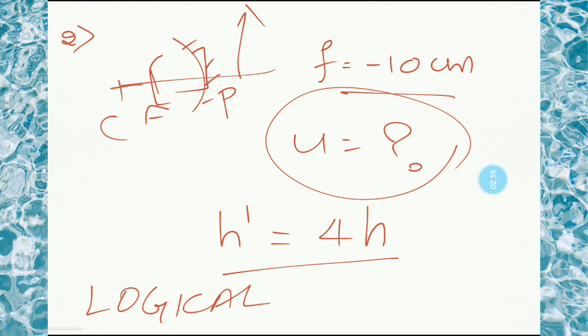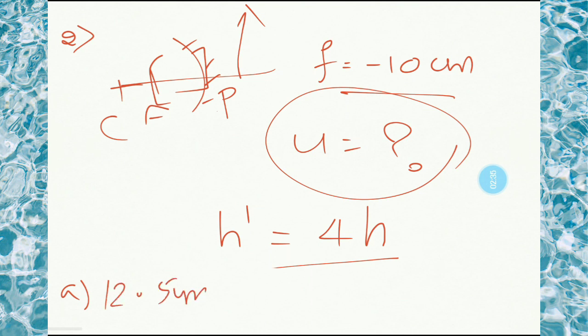So see the options, go through it. Now focal length is given as 10 centimeter. If it is kept beyond 10 centimeter, obviously you are not going to get such an image. So it should be less than 10 centimeters. Okay, so I'll just write down the options. First option is 12.5 centimeter. No chance.